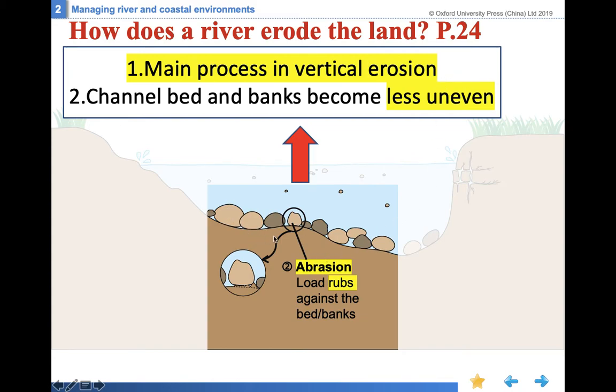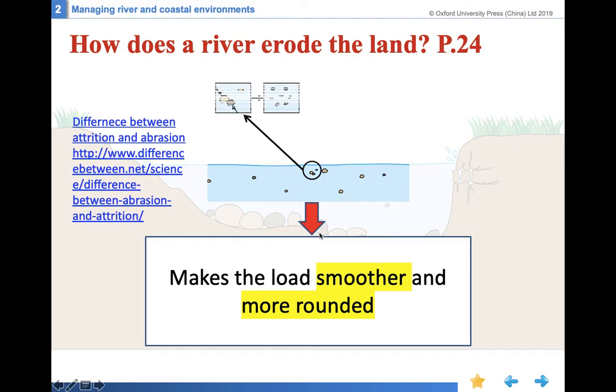即係佢哋會磨平嗰個嘅river bank 或者 river bed 啦。 And for the attrition here, you could see the rocks in the load colliding with each other and breaking. So the load may become smoother and more rounded. So you might find attrition and abrasion are quite similar.